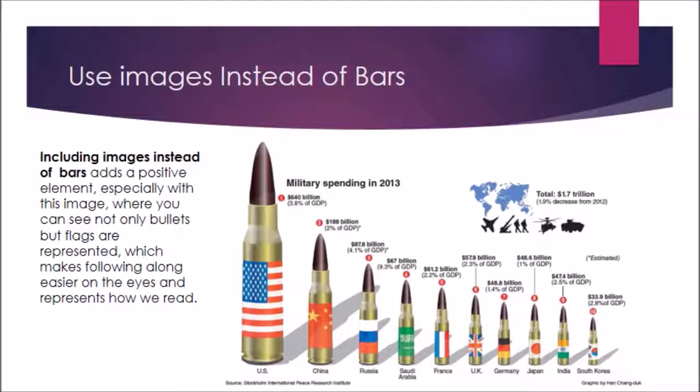Use images instead of bars. Using images instead of bars adds a positive element, especially this image where you can see not only the bullets, but the flags, which makes following along easier on the eyes and represents how we actually read. And note that all of the countries are still labeled.